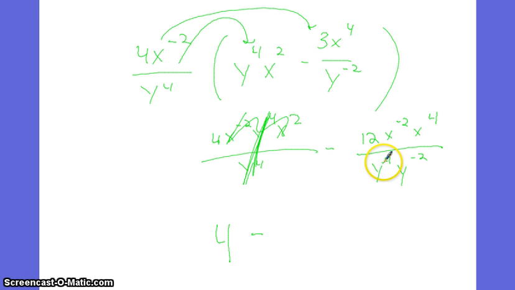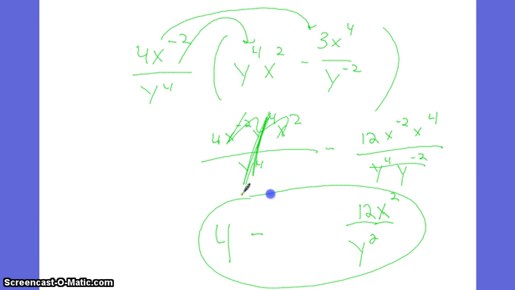Okay, these two are going to yield me y squared. And on the top, that 12 isn't going anywhere. And my x's take care of some of that, x squared. Look to make sure all my exponents are positive, and my problem is solved, albeit a little spread apart.